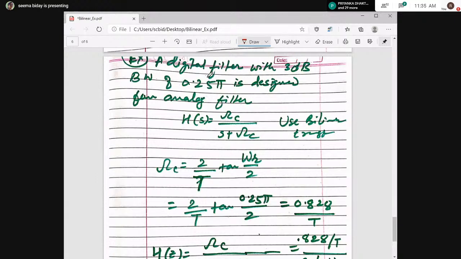What is given? A digital filter. They have not written the cutoff frequency of the digital filter; they have written 0.25 pi bandwidth, right? Is designed from the analog filter.